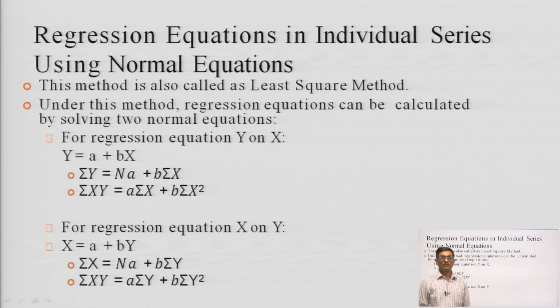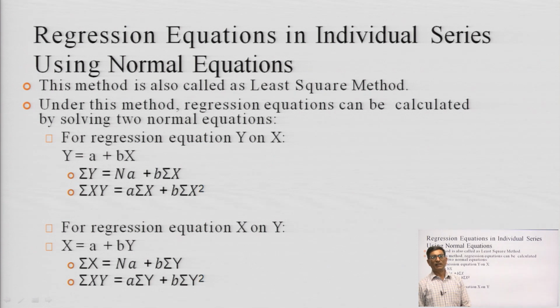Under this method, the regression equation can be calculated by solving two normal equations for a regression equation.